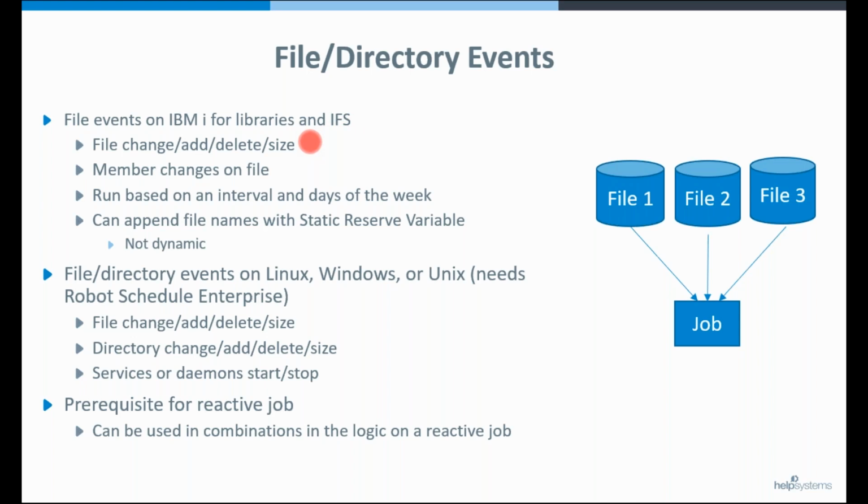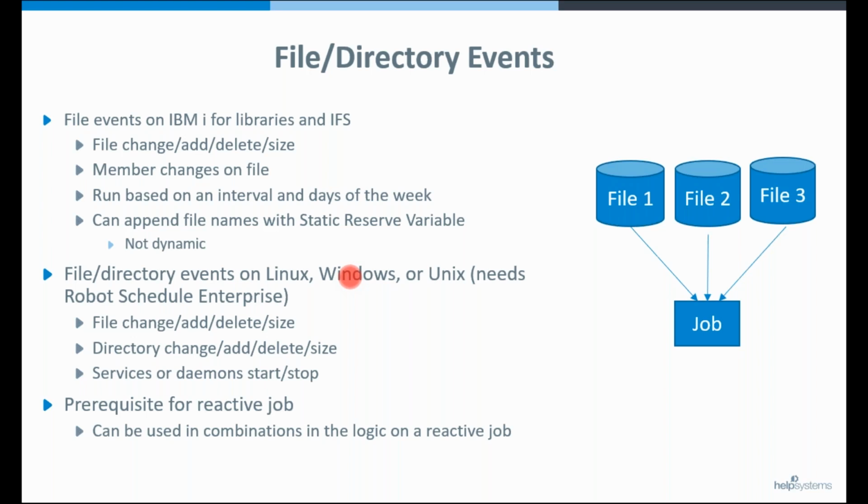We can measure that and make it a reactive event. So basically when something happens to those files, we can react and say, hey, run this job. It's kind of a high level for that. We do that both on the IBM i, and if you have Robot Schedule Enterprise, you can also do that at the Windows level.